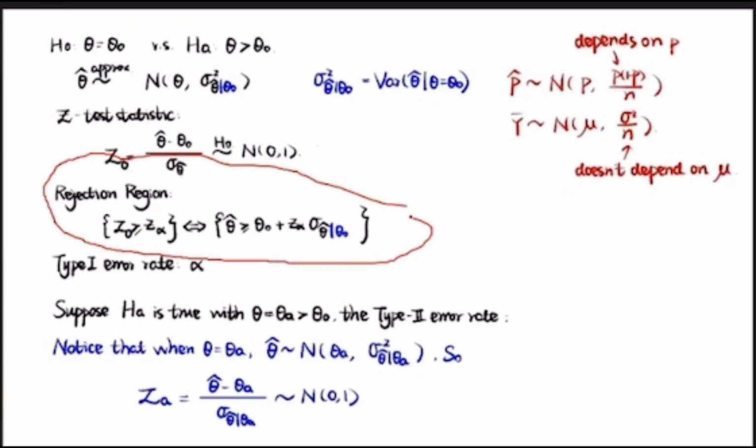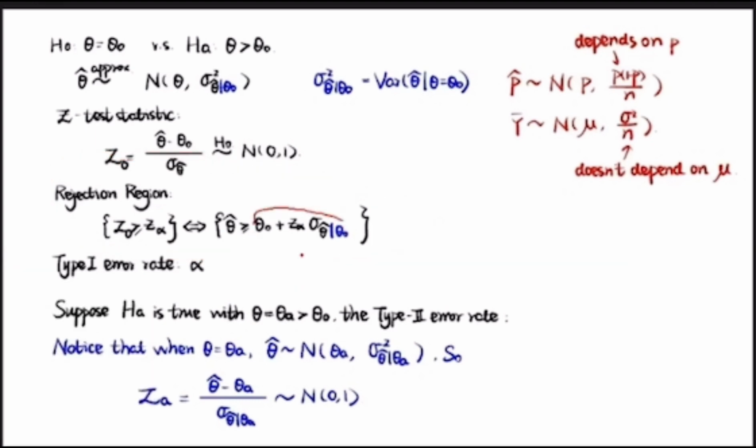In the last lecture, the rejection region is Z naught greater than Z alpha. And I walked you through that your Z alpha is actually this, the whole of this. What we're trying to say is that theta cap is greater than or equal to theta naught plus all of that.